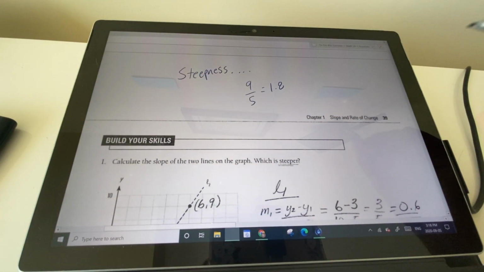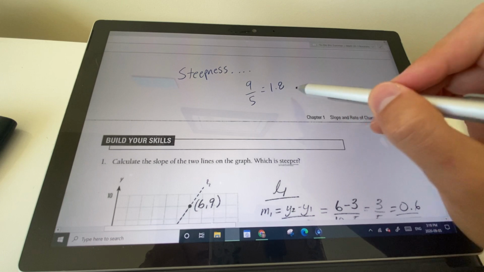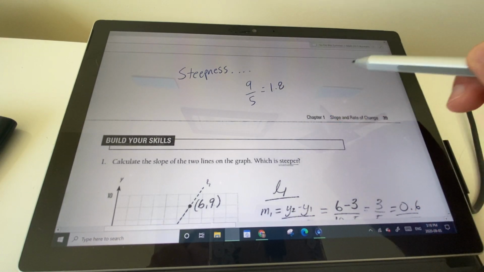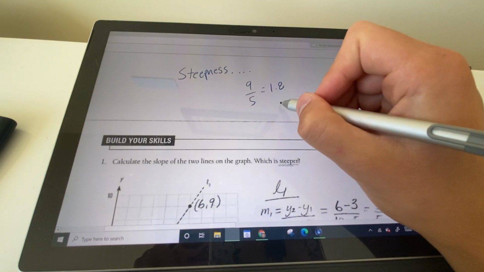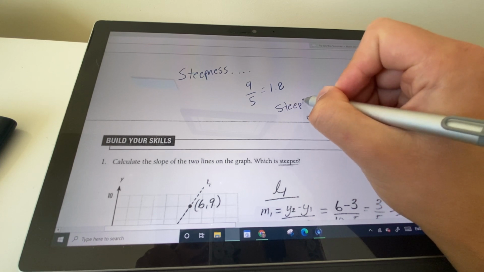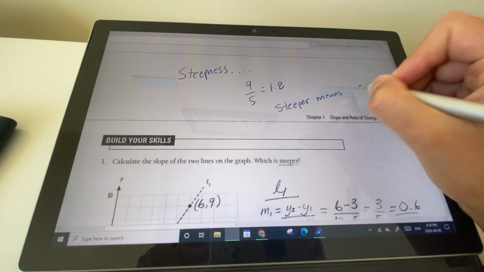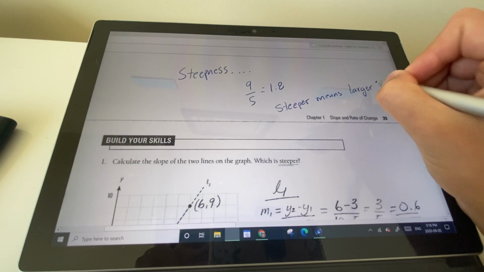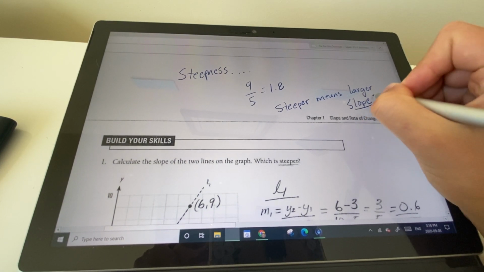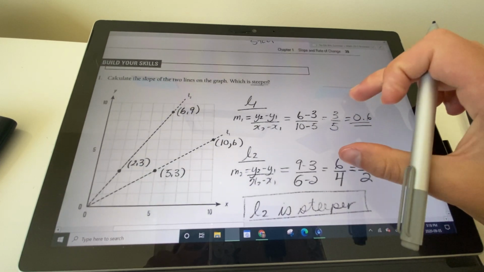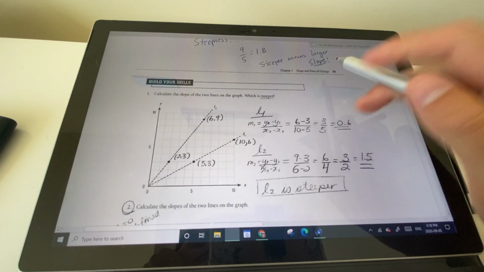Something to understand: the bigger the number, the bigger the slope is, the steeper it is. So steeper simply means larger slope.